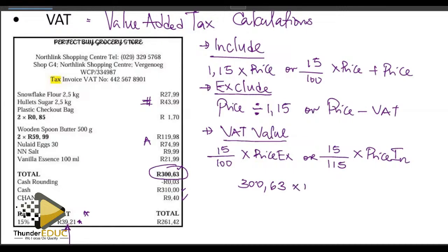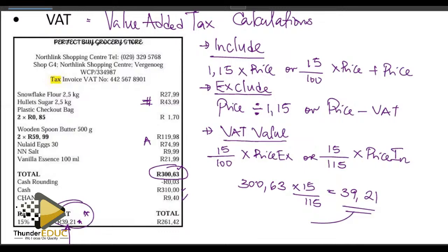We shall need to multiply 363 by 15 over 115. It gives you 39.21. Indeed, it's this value here, the value that is shown on the till slip.